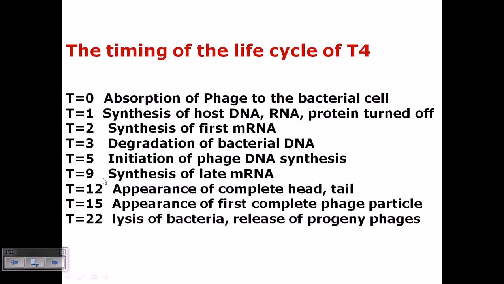So at T12, appearance of complete head and tail and assembly of the genome start to occur. At T15, appearance of the first complete phage particle, and then at T22, lysis of bacteria and release of progeny phages. So from the 0th minute to the 22nd minute, there are sequential events going on to finally establish what we call a phage infection inside the bacterial cell.